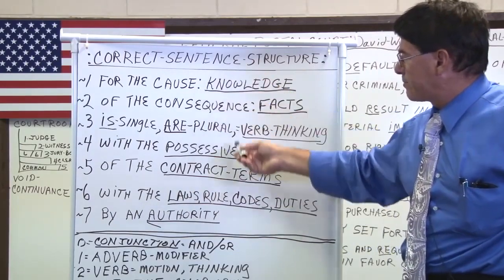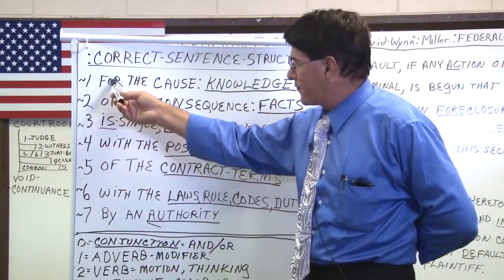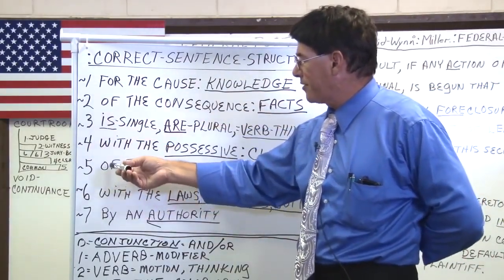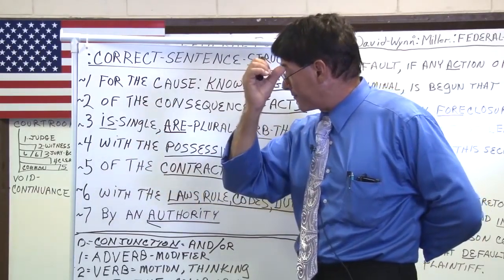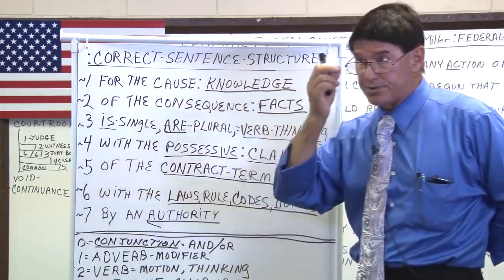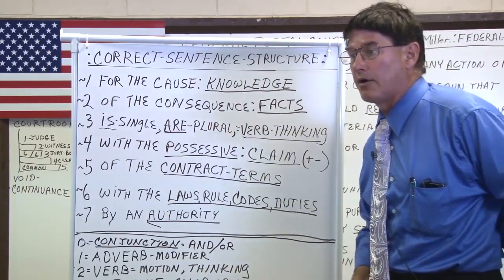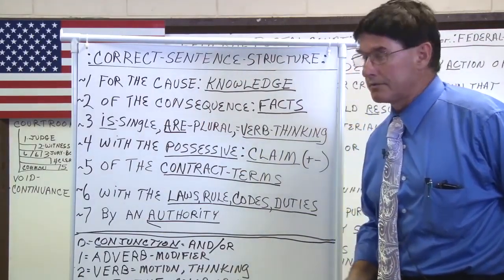Now, if I read this sentence backwards, by would become for, and of would become with, and with would become of, because those are the opposite prepositions, just like over, under, in, out, through, around.